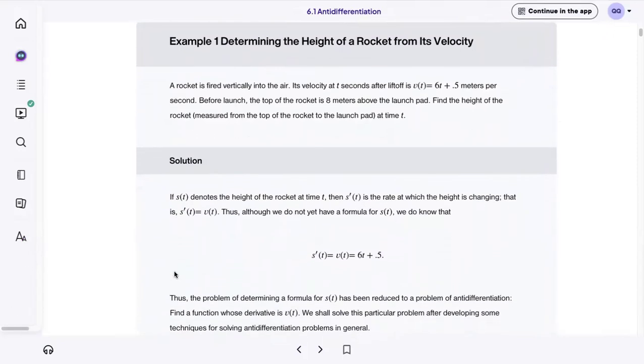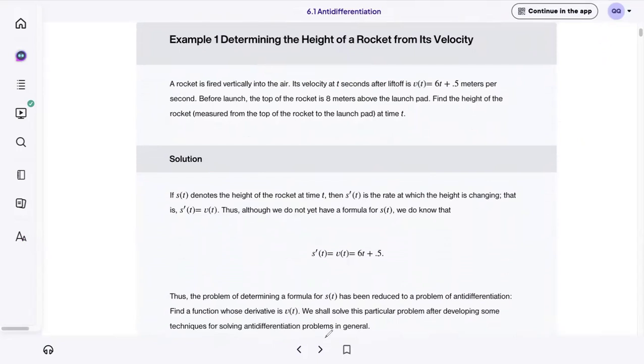So let's see this example. Determine the height of a rocket from its velocity. Remember, velocity is the derivative of the displacement, or the position.